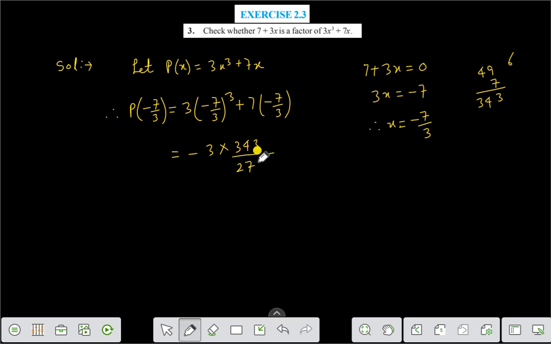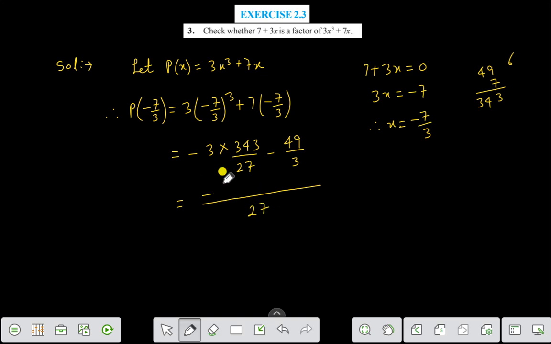Minus 7 is 49, 49 by 3, right? Therefore, we are getting 27 as the remainder, 27.